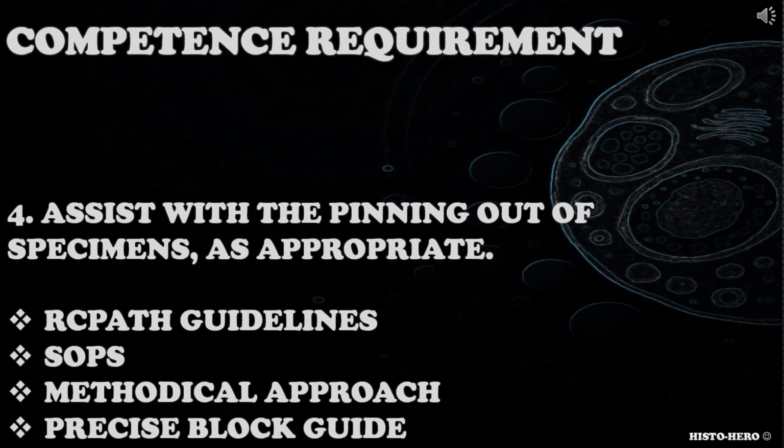Does the candidate know how those samples are approached, or why it is important to follow a methodical approach for dissection of pinned out samples, and what could happen if those samples were not dissected methodically and precisely? When addressing this competence requirement, candidates could consider local SOPs, RCPath guidelines, dissection protocols, methodical approach, precise block guide, and so on.